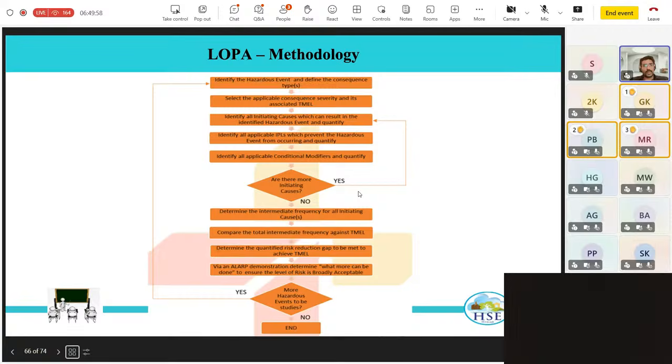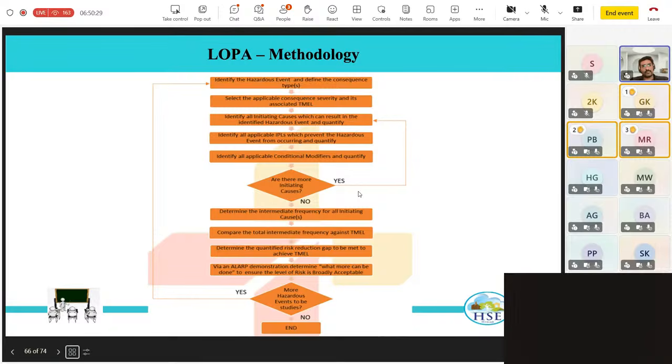This is the step where you look at all the available safeguards, all the initiating events, and their enabling events, and look at them as a single entity. Once you have that value, you compare it with the TMEL, as we discussed in the chart. For every severity, there is a corresponding TMEL as defined by OSHA.